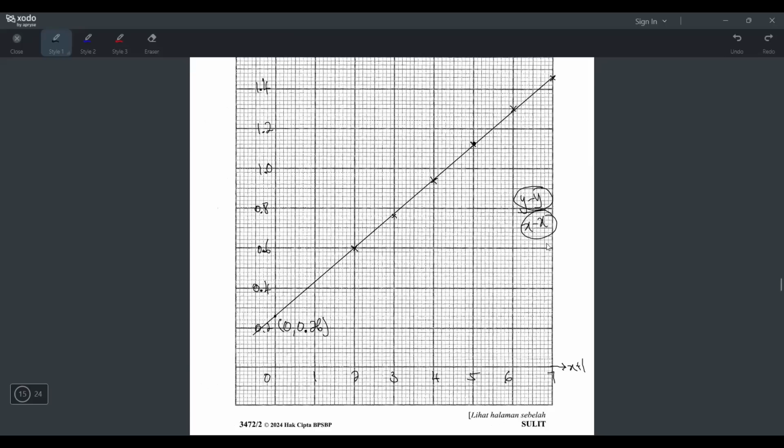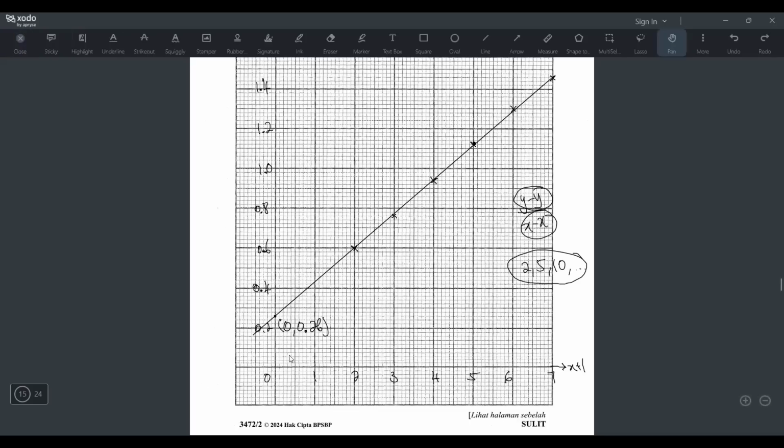Nombor yang senang bahagi is 2, 5, 10. Ini semua nombor yang senang bahagi. Because when you bahagi with this number, you will dapat jawapan yang cantik-cantik kan. Dia takkan bagi jawapan yang banyak-banyak decimal point. Kalau you bahagi nombor 2, 5, 10 macam ni. So I can choose wisely when I choose two coordinates. So that's why I choose 0 to 5 because I want my beza X to be 5. So it's like easy to divide.